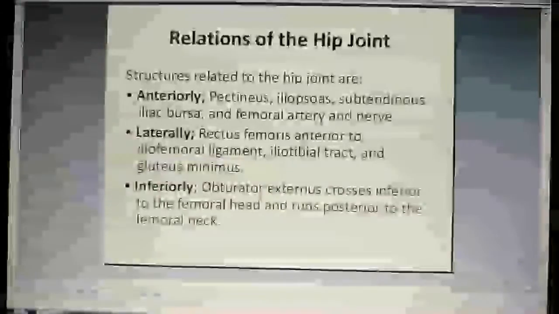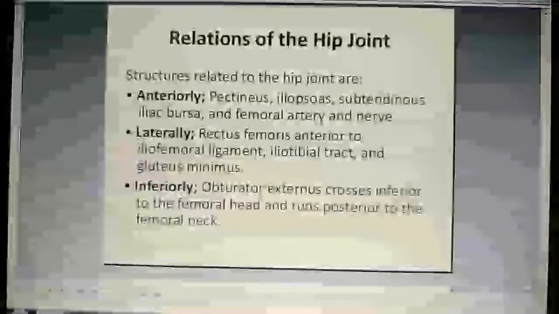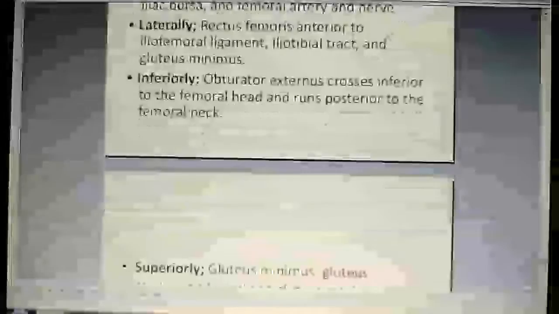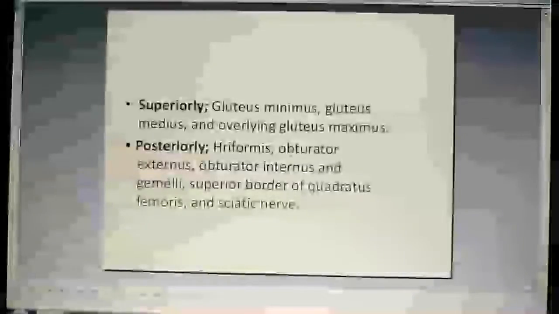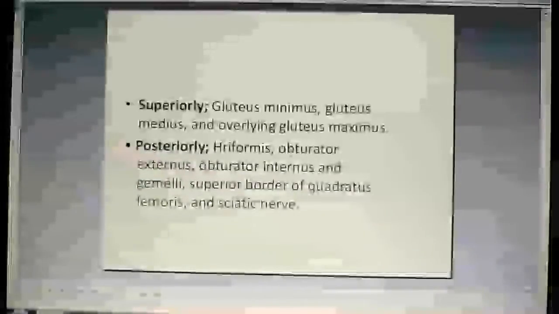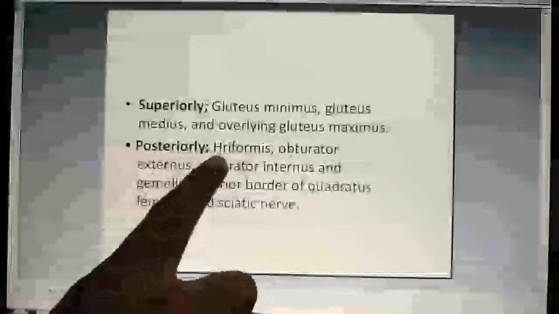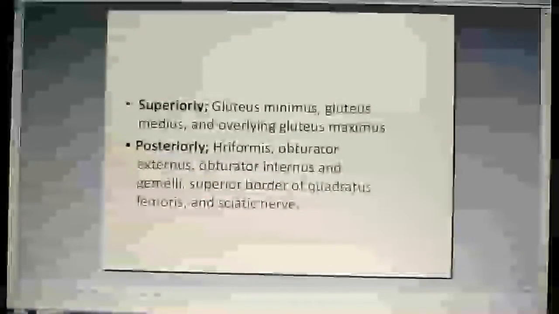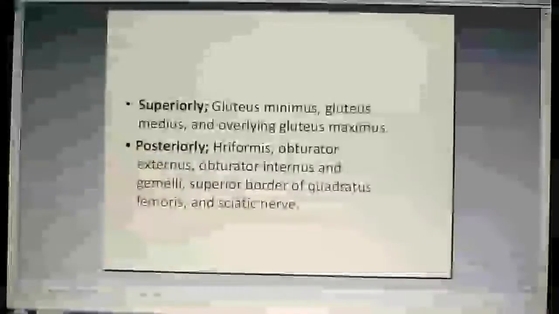Inferiorly obturator externus, inferior to the femoral head, posterior to the femoral neck. Gluteus minimus and gluteus medius and maximus muscles. Other features: piriformis, obturator externus and obturator internus, namely the superior border of the quadratus femoris.